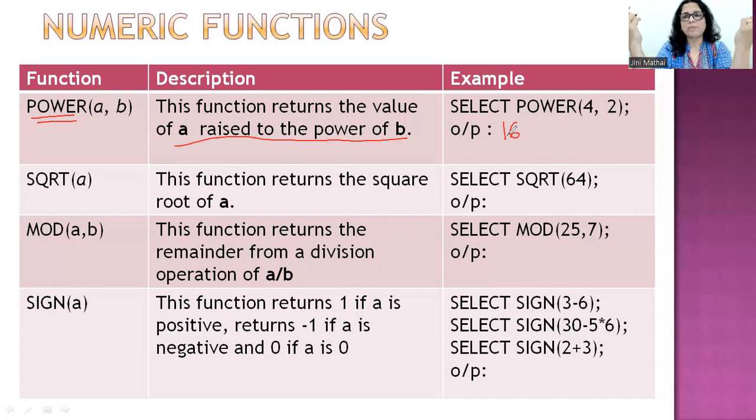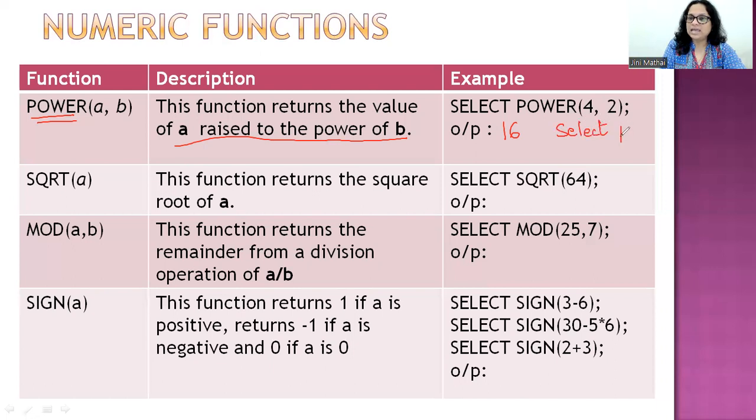Let me give you another example. Suppose you had a column called salary in your EMP table, and I want this salary raised to the power of 2. Why would I do it? No, I wouldn't want to do it, but I'm just giving you an example. So if I ever wanted to find the value of the salary column raised to the power of 2, what would my select command be?